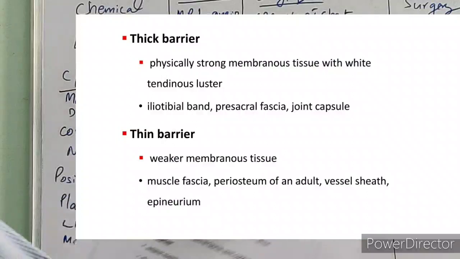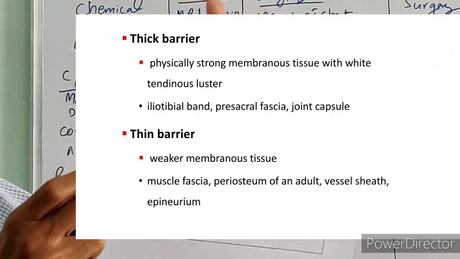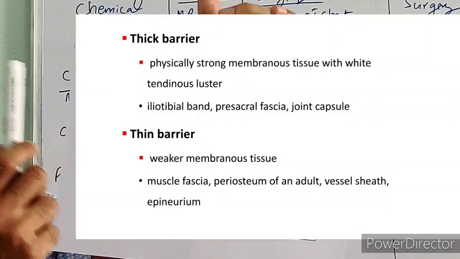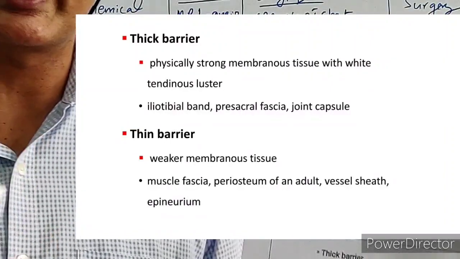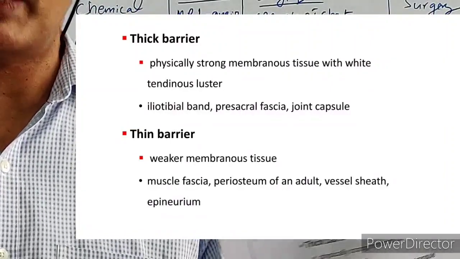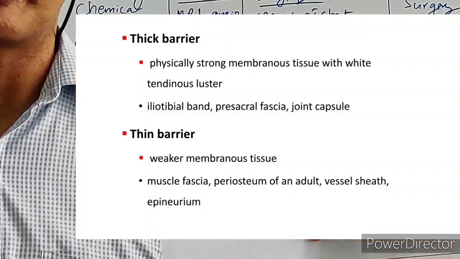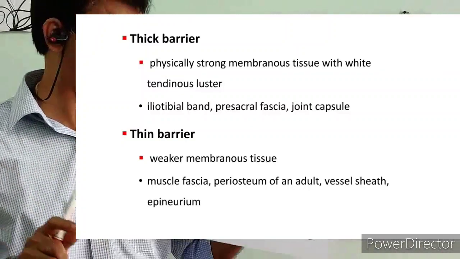Kawaguchi described two types of barriers: the thick barrier and the thin barrier. This is based on the concept that soft tissue sarcomas are not infiltrating tumors; they are pushing, expansive tumors. They push the barriers and very rarely infiltrate them. In the final stage they can infiltrate, but early they will not.